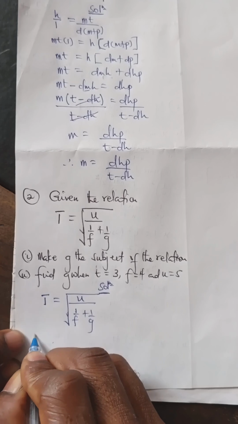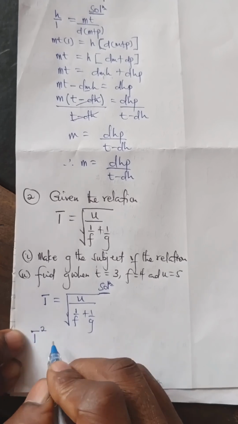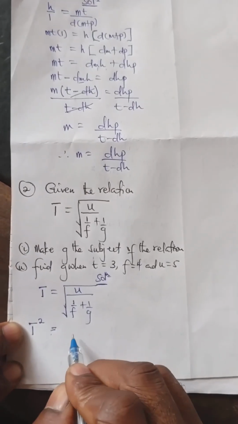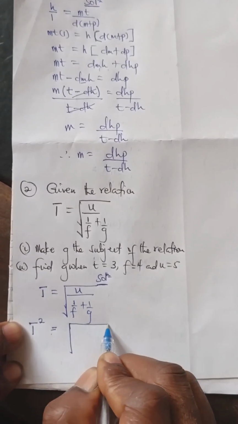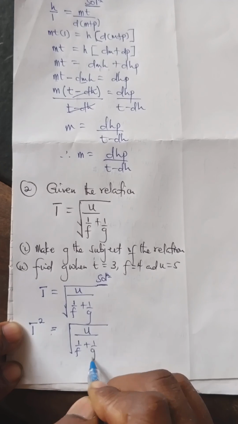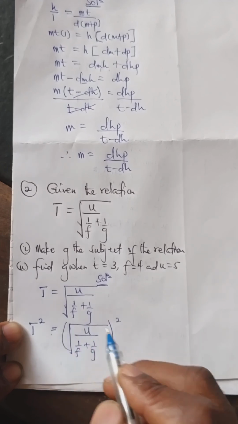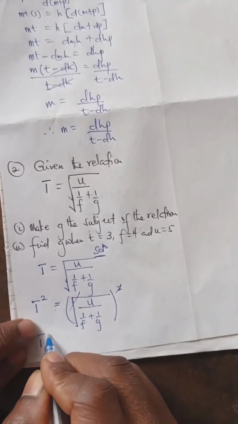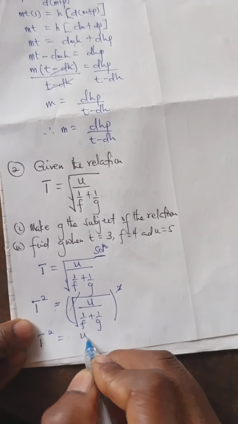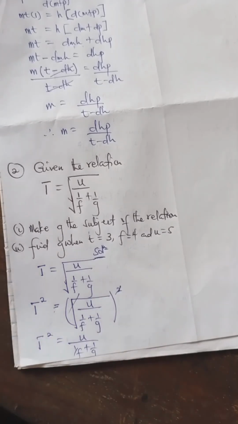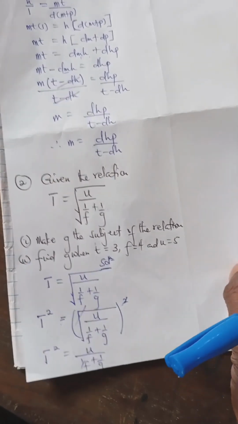So we have T squared here is equal to the square root of U over 1 over F plus 1 over G, all squared. Then we have T squared being equal to U over 1 over F plus 1 over G. So continue quickly from the top here.